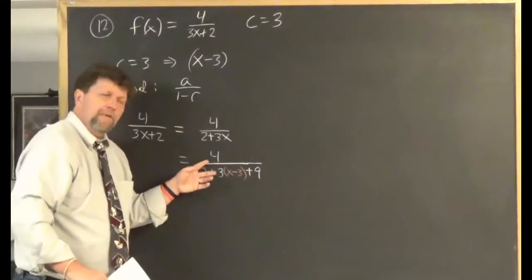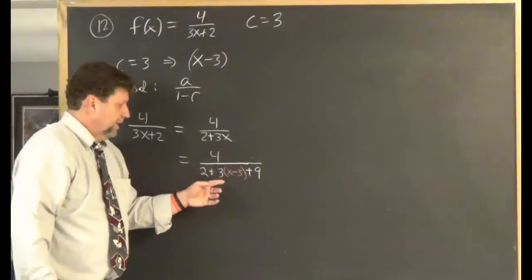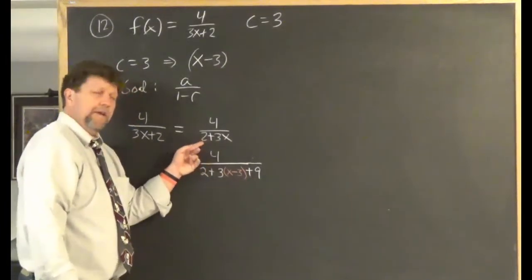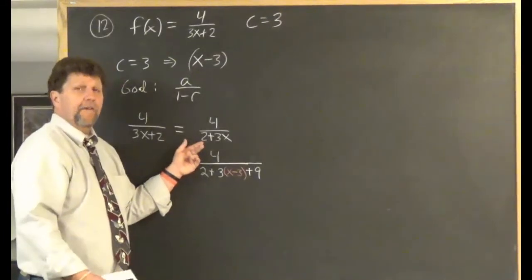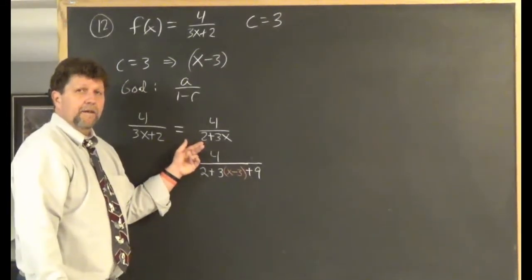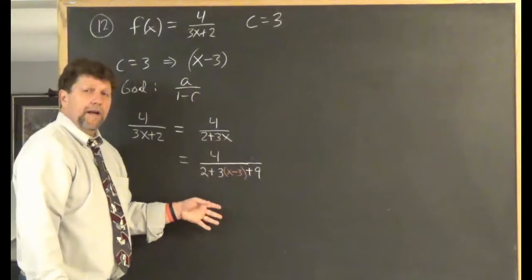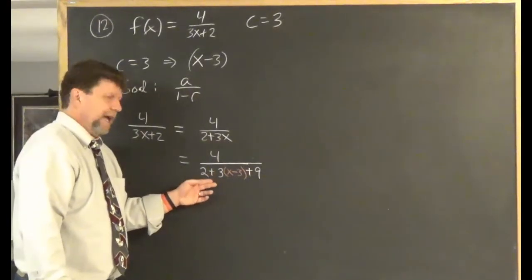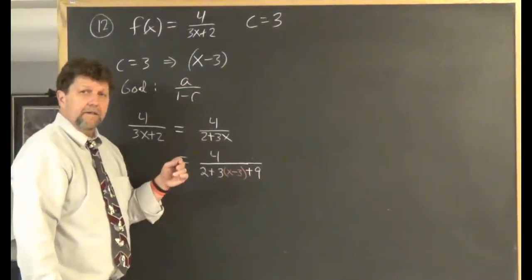You always know if you are correct at this step. Clean this up. Make sure you get the denominator of the function you were given. There's no sense going on any further if you don't know this is absolutely the same thing as this.